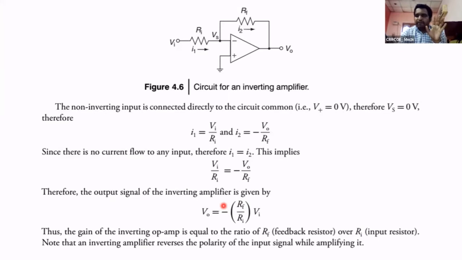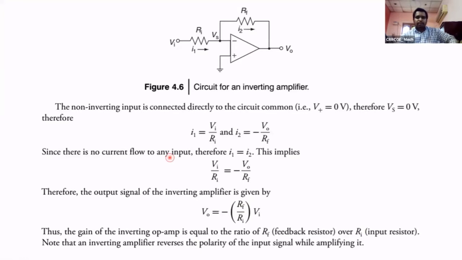The amplification depends on the ratio of feedback resistance to input resistance. By varying these resistances we can increase or decrease the gain. This is the advantage of the feedback loop: we can control the gain of the operational amplifier. This is the first op-amp circuit, the inverting operational amplifier.